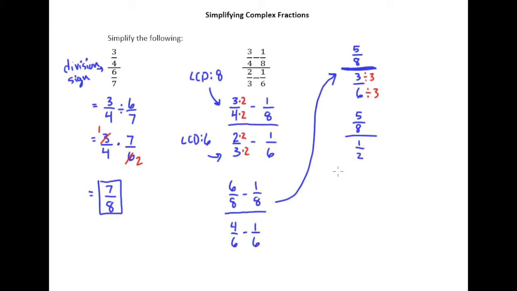But now we know we can turn this into a division problem, so it's 5/8 divided by 1/2, which turns into 5/8 times 2 over 1, and then I know I can cancel my 2 and my 8, so 8 divided by 2 is 4, 2 divided by 2 is 1, and so we end up with a fraction of 5/4 as our answer.